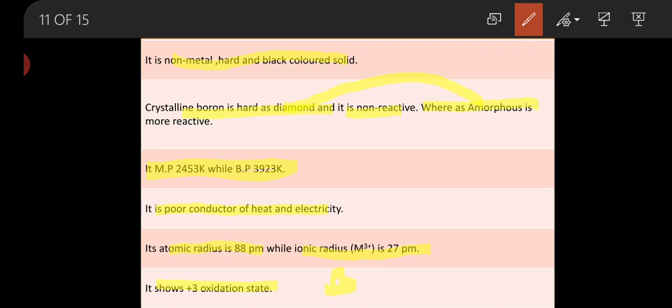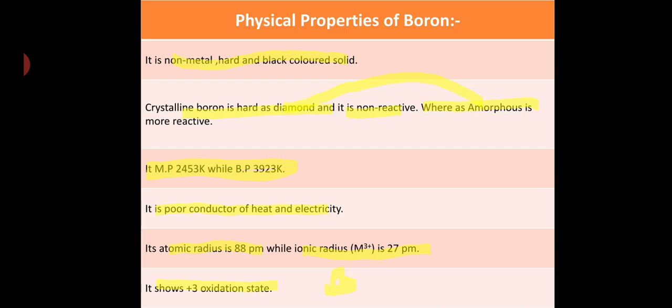This is about the 13 group, from which we have studied up till the physical properties of boron.